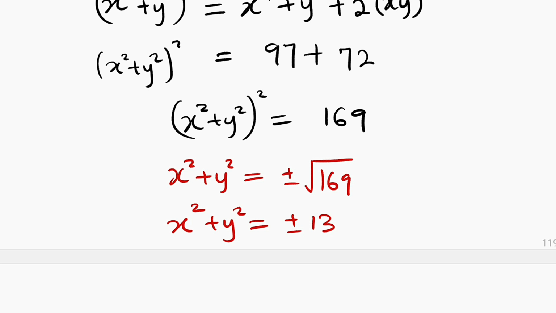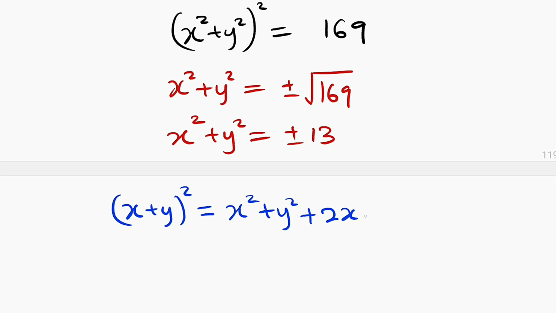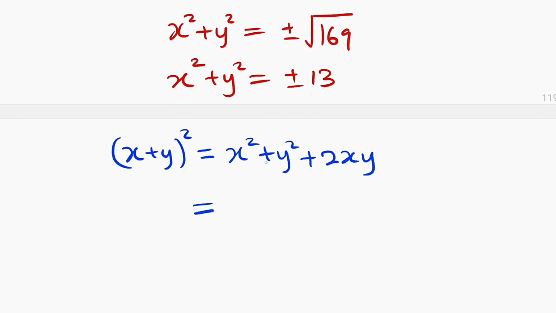And lastly, I want us to expand x plus y all squared. So x plus y all squared, this is equal to x squared plus y squared plus 2xy. We want to expand this because from here we can get the sum of x and y, all right? To the right hand side, we can see that x squared plus y squared is nothing but positive or negative 13, all right?